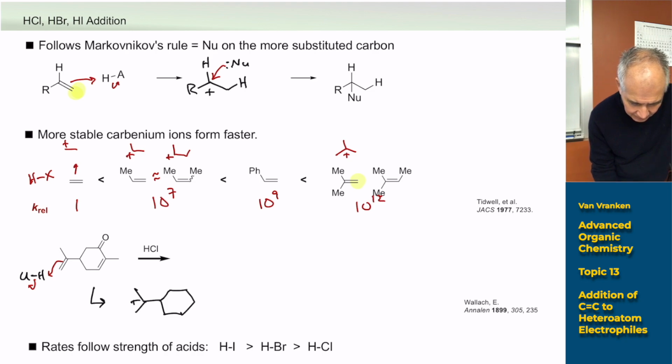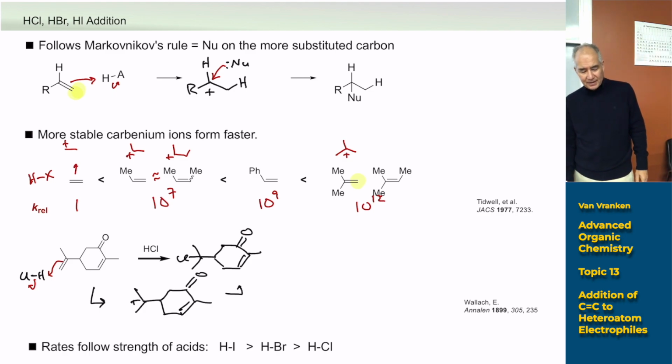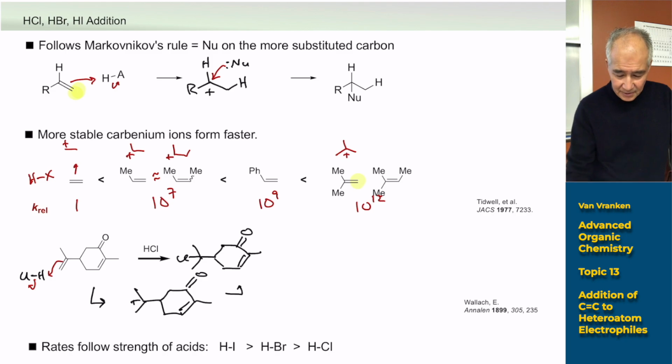Should look very comfortable. And the end product of this process is the chloride will attack that, and you'll end up generating this tertiary alkyl chloride. And you don't have to worry at all about it touching that trisubstituted olefin. The issue here is that this other group on here is not just a regular alkyl group.